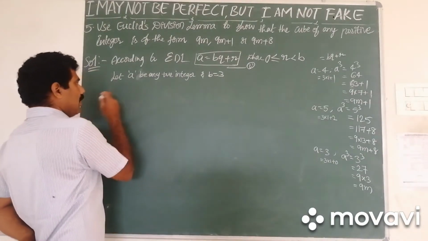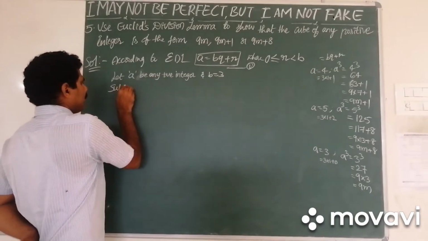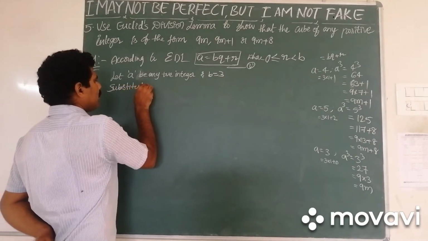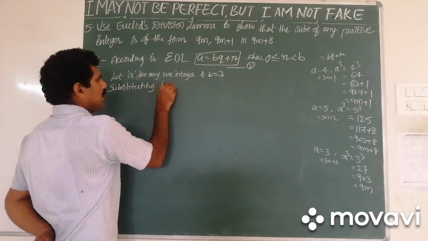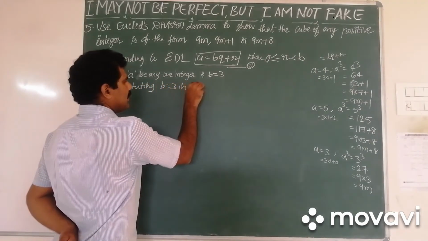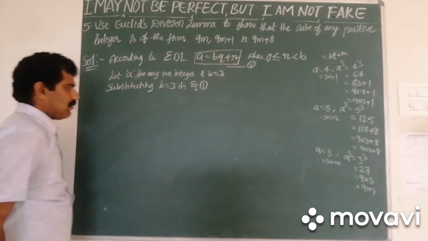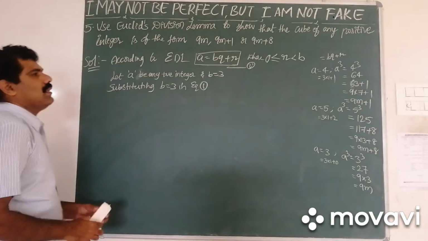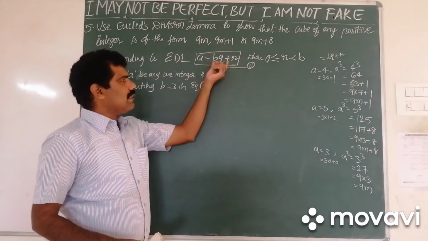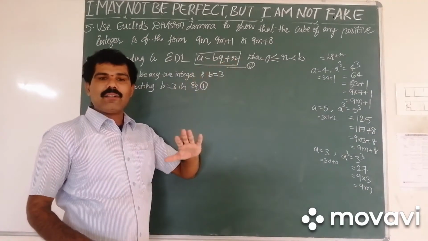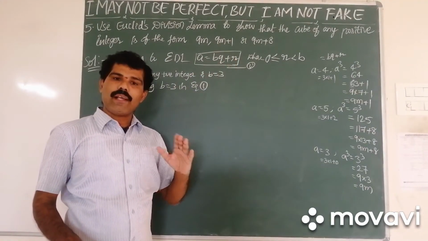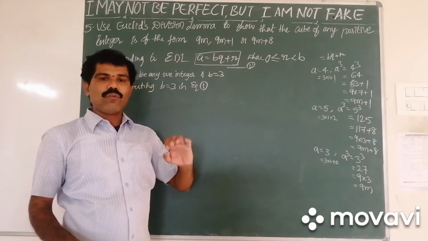Now, substituting b is equal to 3 in equation 1. What happens if I substitute b is equal to 3 in the equation, and later after getting a we have to go for a cube also, isn't it? Why?